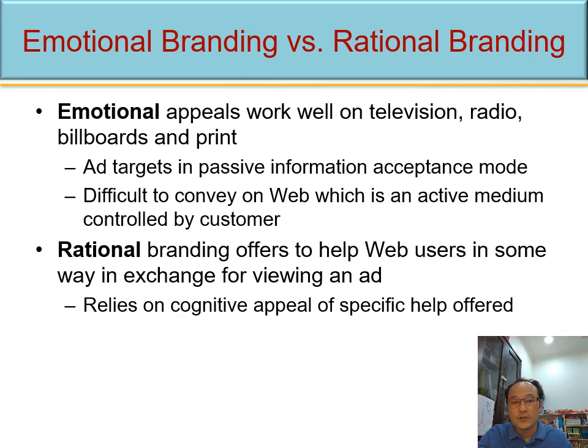That is more rational. Emotional, no. Emotional, they have to display a video or movie clips or something like that. They have to come up with a video, and then a movie. They want to influence you, and it is more on influencing.